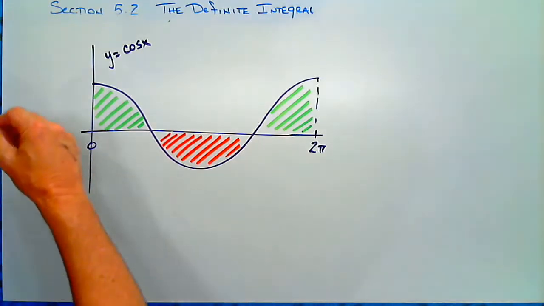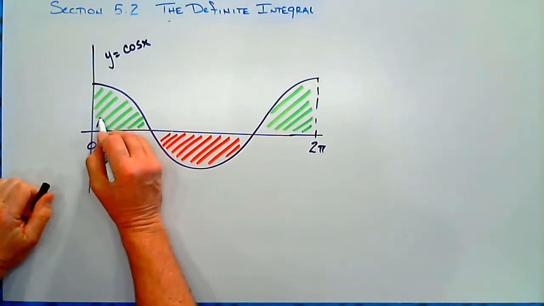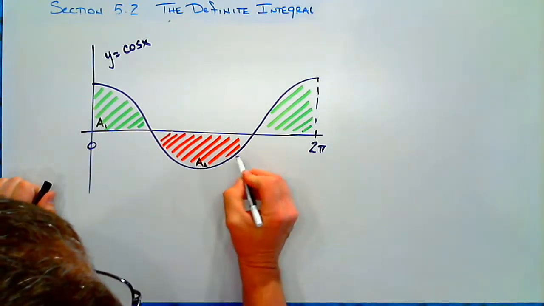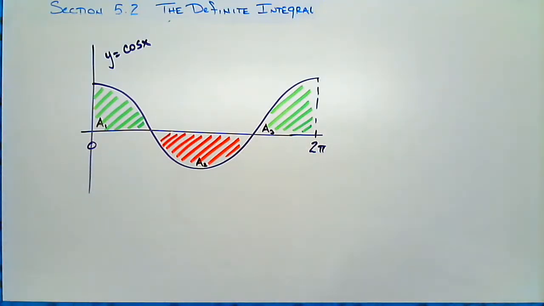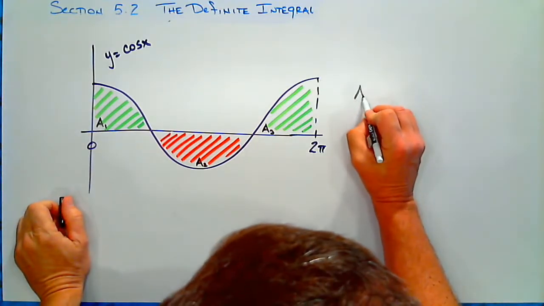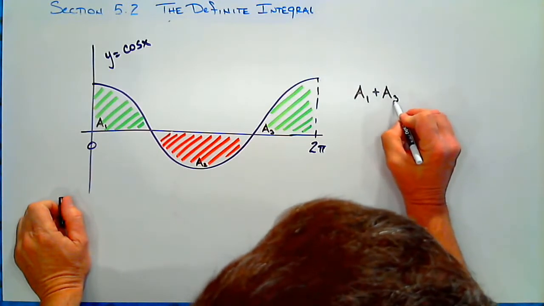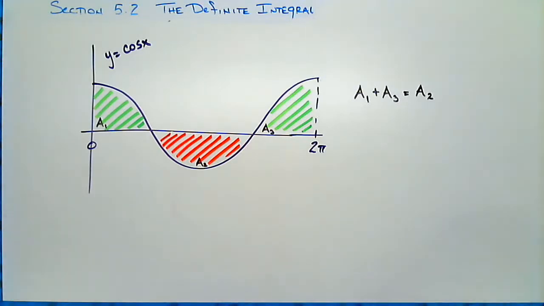If you'll allow me to name all of these areas, I'm just going to call this A sub 1, I'll call this A sub 2, and I'll call this A sub 3. I think all of us, based on our pre-calculus knowledge, are very confident that this is a true statement. Those have the same area.